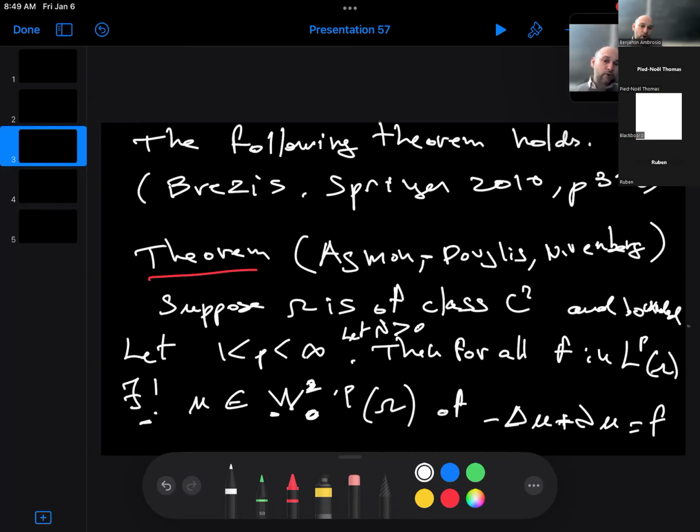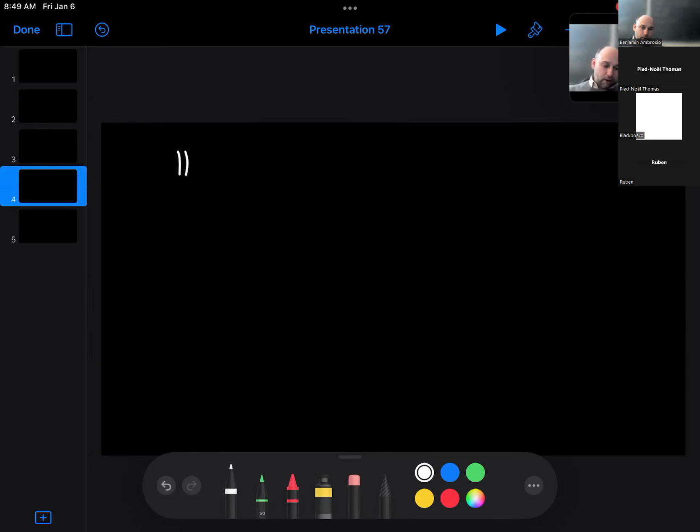And you have also the estimate, which is interesting for us, that the norm here is less than a constant times.